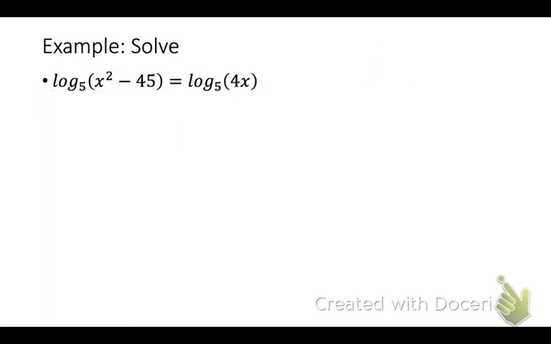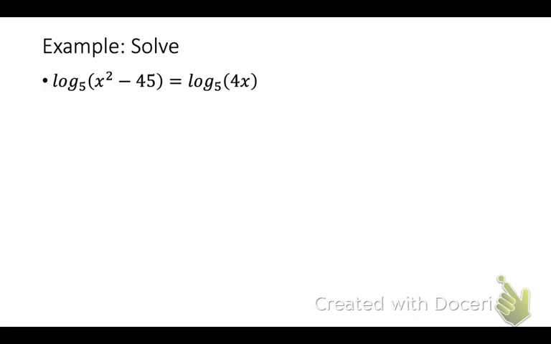Okay, what are we going to do with this one? We're going to go from log to exponential. So I have log base 5 of x squared minus 45 equals log base 5 of 4x. What are we going to make those exponents of?